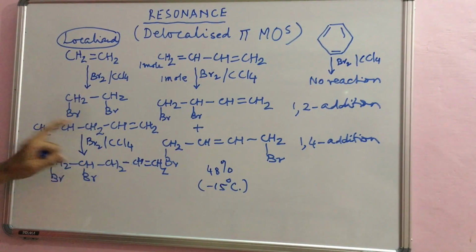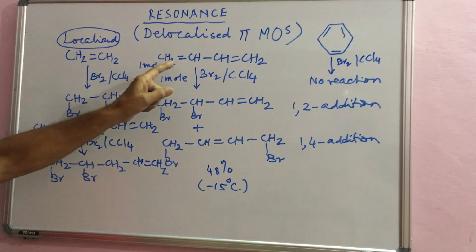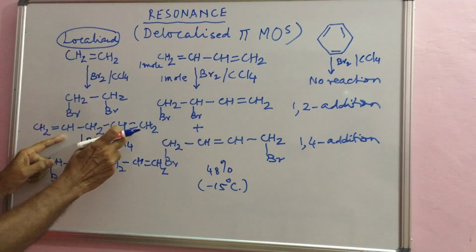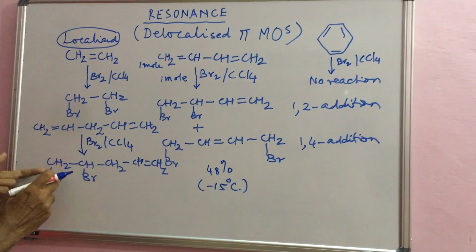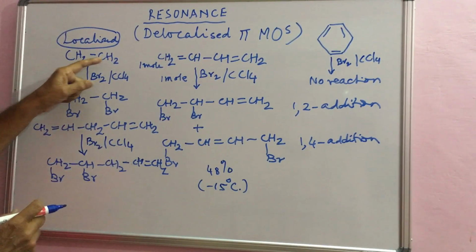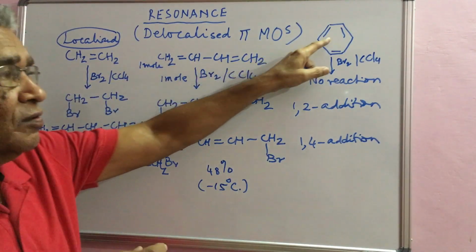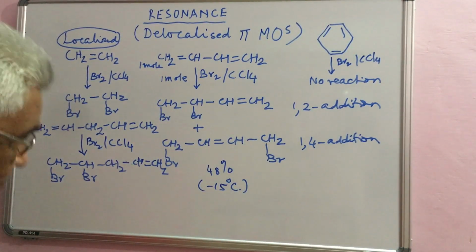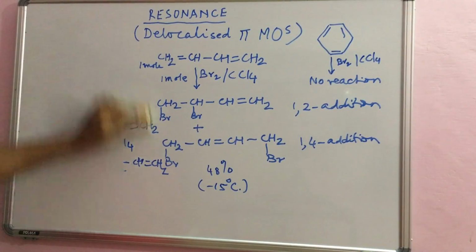So, no problem here. So, there is something with the alternate positions of the double bond. Here they are not alternate, you get the usual product. This is pure olefinic bond, this is pure olefinic bond, this is pure olefinic bond. These are probably not olefinic in nature. Let us see how this type of thing develops.